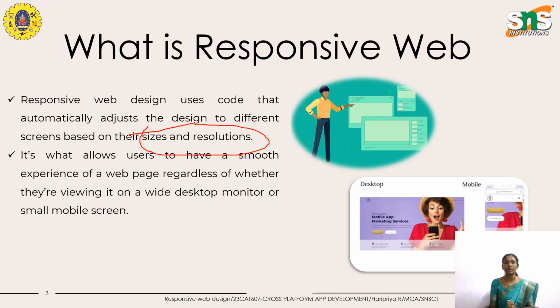These are the things we work on in web pages, from wide desktop monitors to small mobile screens. A large landscape design has to be adapted to a portrait design. We adapt the same design to the different devices. That is called responsive web design.